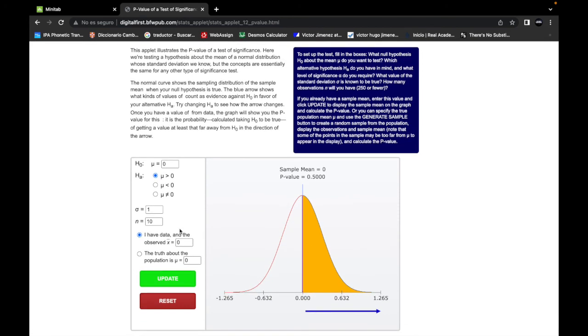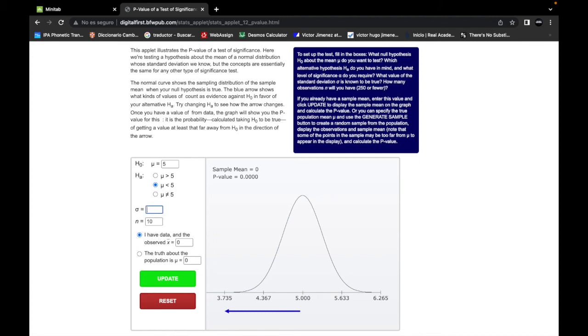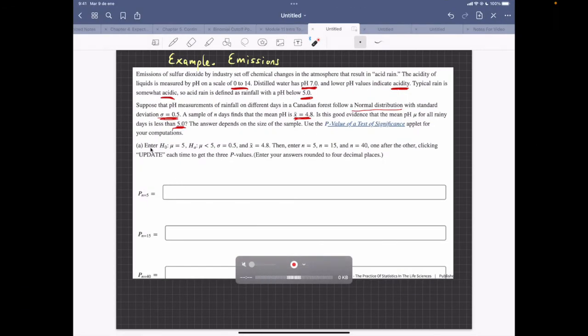So you will have to enter H null mu equal to 5, alternative less than 5, sigma is 0.5. All of this is given in the problem. That okay? All of these numbers are given here in the problem.